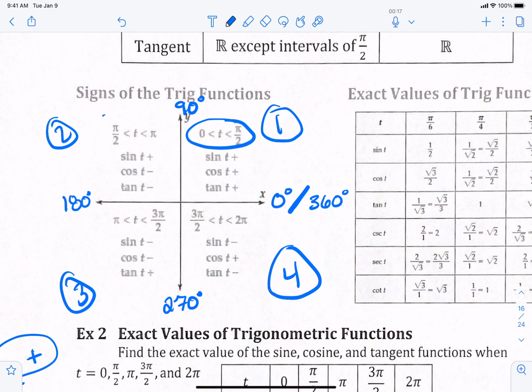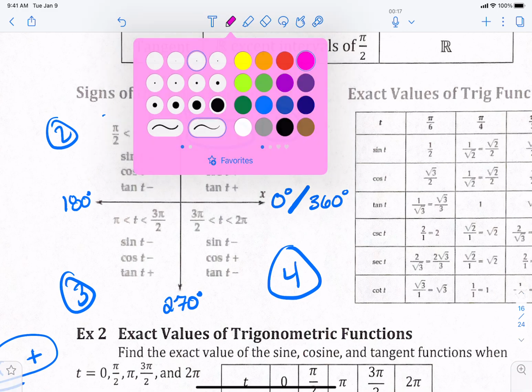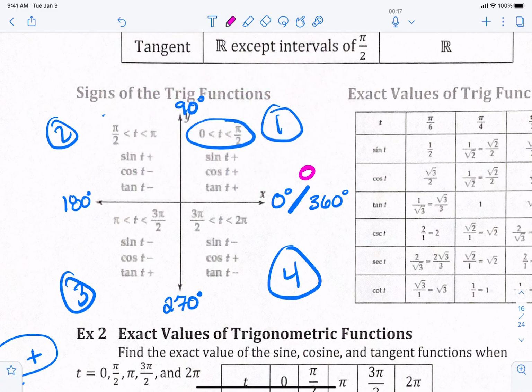Okay. Now, rather than writing them with degrees, they do this thing right here. They're saying T, or my angle, lives between 0 and pi over 2. Because in radians, 0 degrees is 0, but 90 degrees is labeled as pi over 2, right? 180 degrees is represented as pi, 270 degrees is represented as 3 pi over 2, and 360 degrees is represented as 2 pi, because a full circle in radians is 2 pi, right?